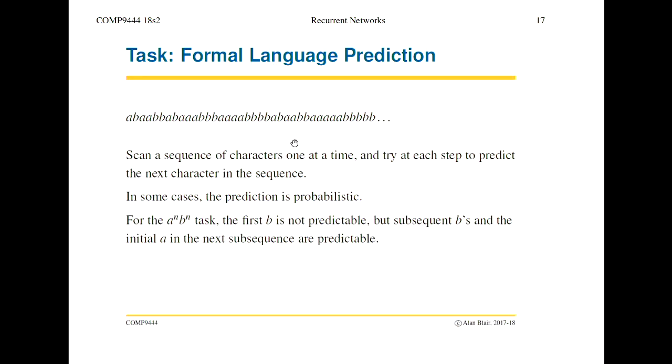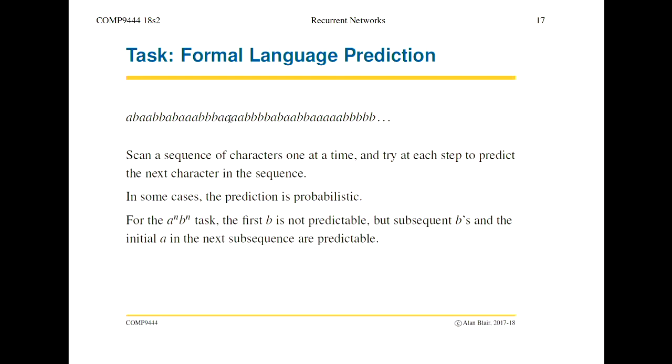Some of them are predictable and some of them are not. In general, with languages, you often have a sort of probabilistic prediction. But in this case, if you look at this AAAA, I don't know when the first B is going to occur.